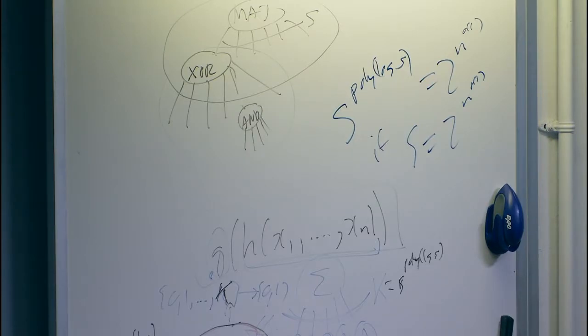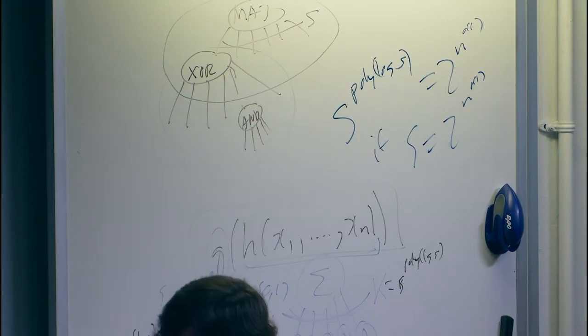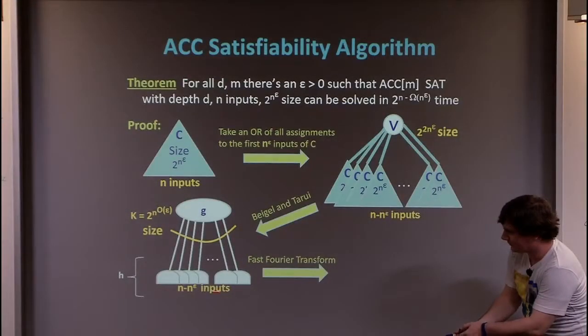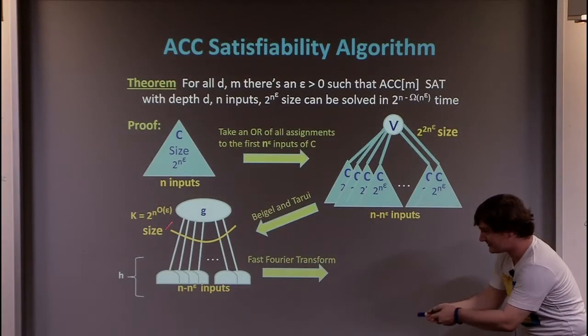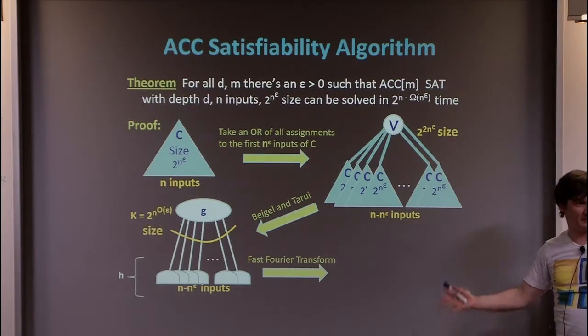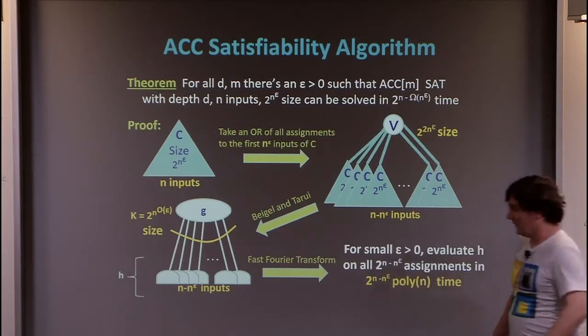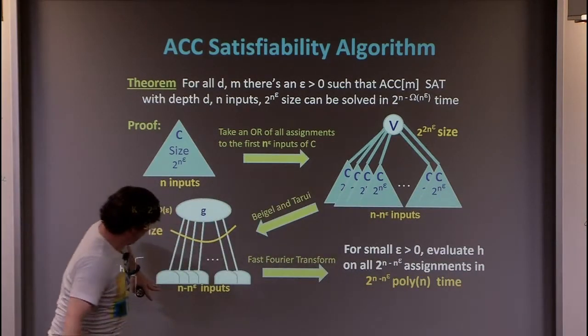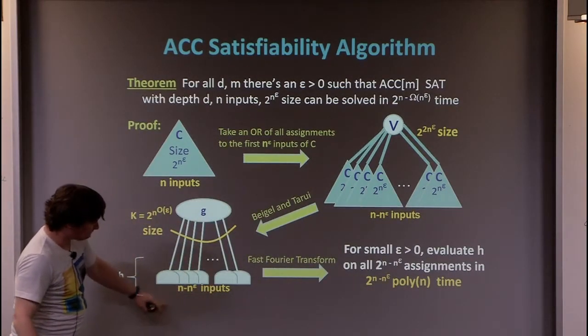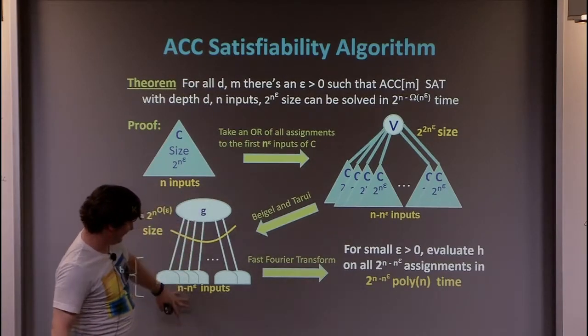And now we just use this FFT algorithm that we had on this thing. But the key point is that this has a smaller number of inputs than before. So when we evaluate this thing on all possible inputs, we actually have something running faster than 2 to the n. So we can evaluate this object on all of its possible inputs in polynomial amortized time per assignment.